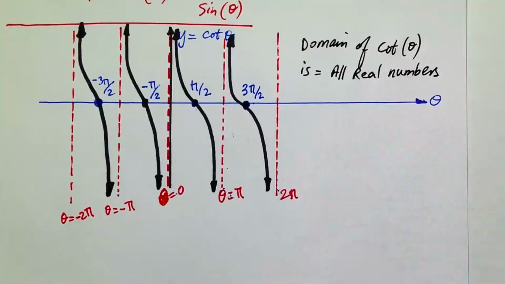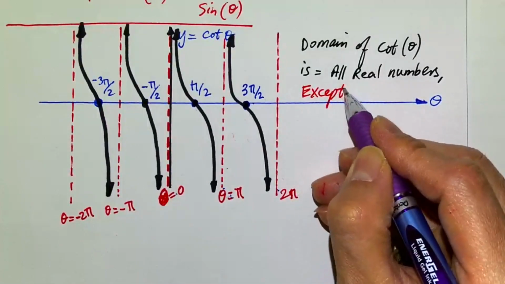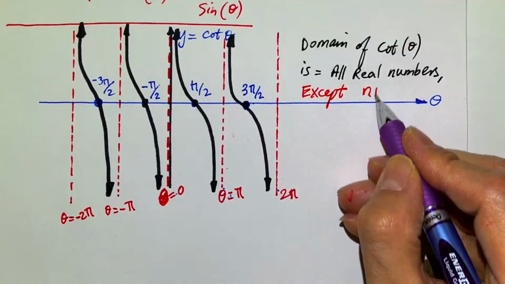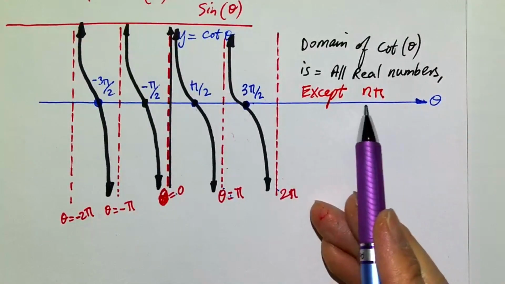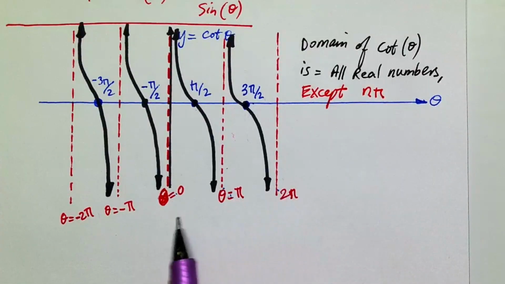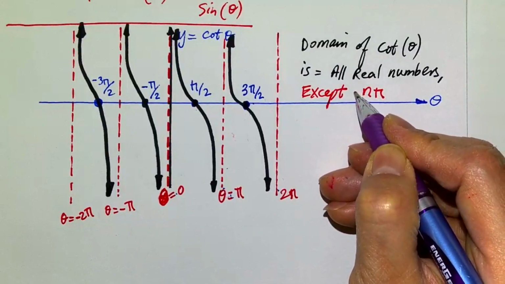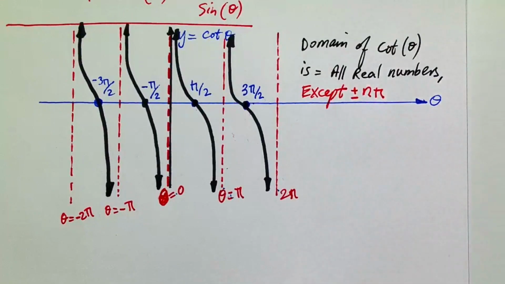And here's the important part, except what I've shown in dashed lines, the vertical asymptotes, except n pi. That's just n pi. 0 pi, 1 pi, 2 pi, and I should say plus or minus n pi.